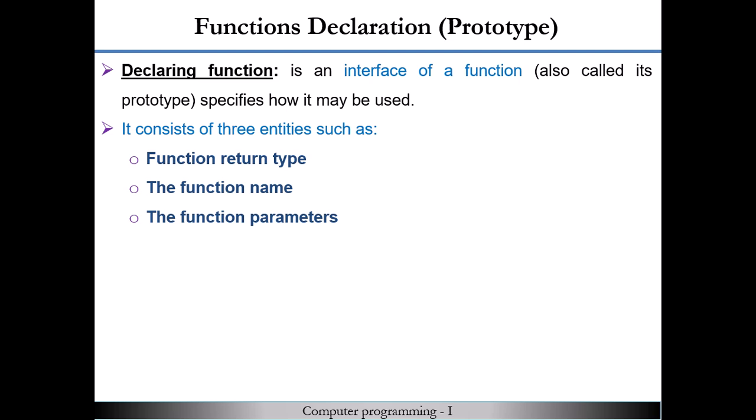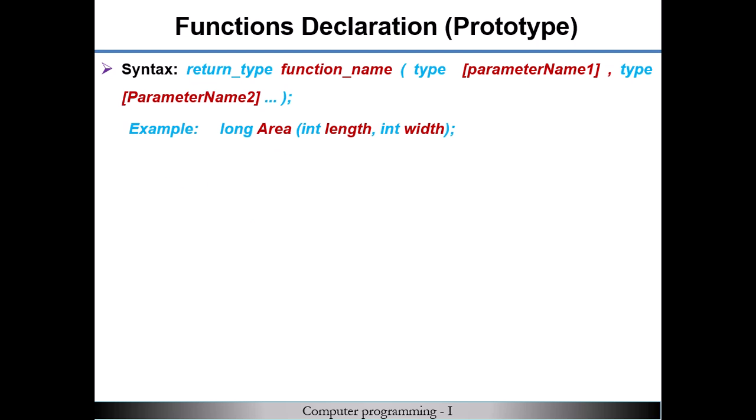It consists of three entities: the function return type, by default int or integer, the function name, as well as the number of parameters, which we call function parameters.